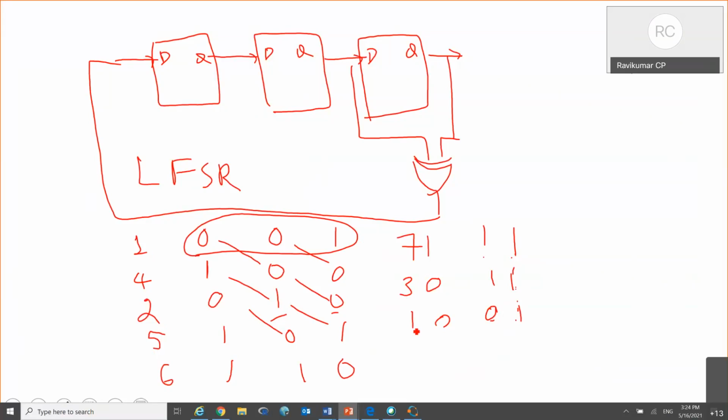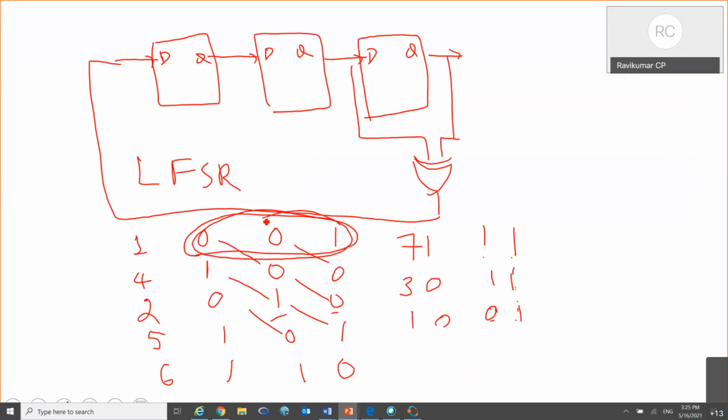So you see it's producing sort of pseudo random numbers. There is no sequence. It sort of randomly goes from 1 to 4 to 2 to 5 to 6 and 7, 3. So it appears like a random or a pseudo random sequence. I call it pseudo random because if I give you the seed, then I can predict the sequence.